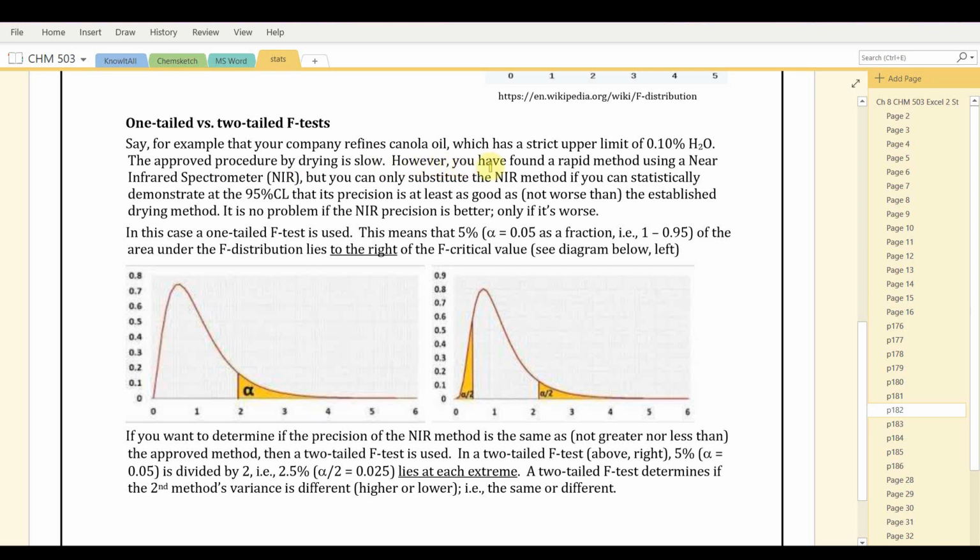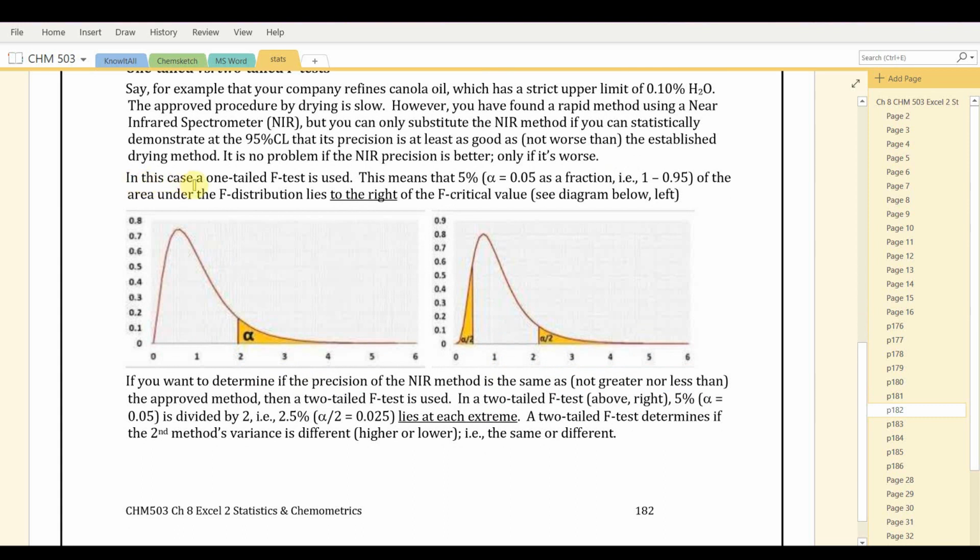However, you have found a rapid method using an NIR spectrometer. But you can only substitute the NIR method if you can statistically demonstrate at the 95% confidence level that its precision is at least as good as, not worse than, the established drying method. See, it's no problem if the NIR precision is better. That's not a problem, only if the precision is worse.